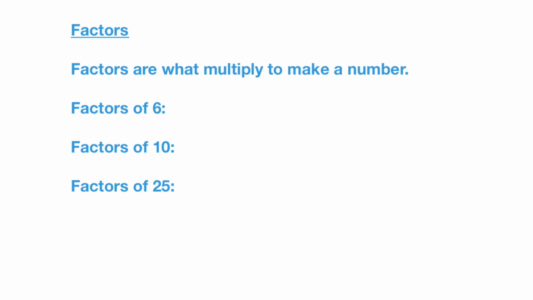So the factors of 6 are numbers that you can multiply to get 6. For example, because 1 times 6 is 6, that means that 1 and 6 are both factors of 6. The other factors of 6 are 2 and 3, because 2 times 3 is also 6.